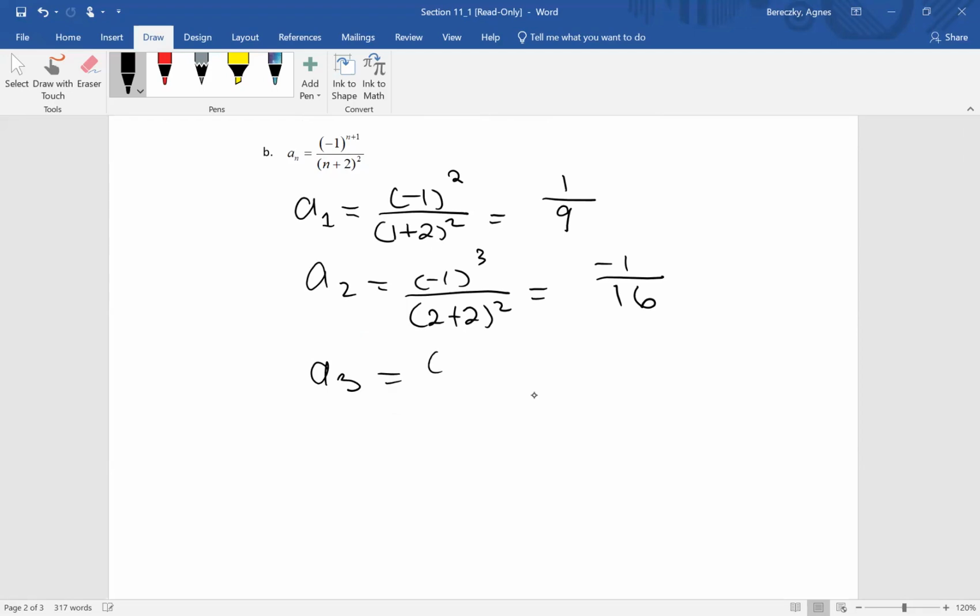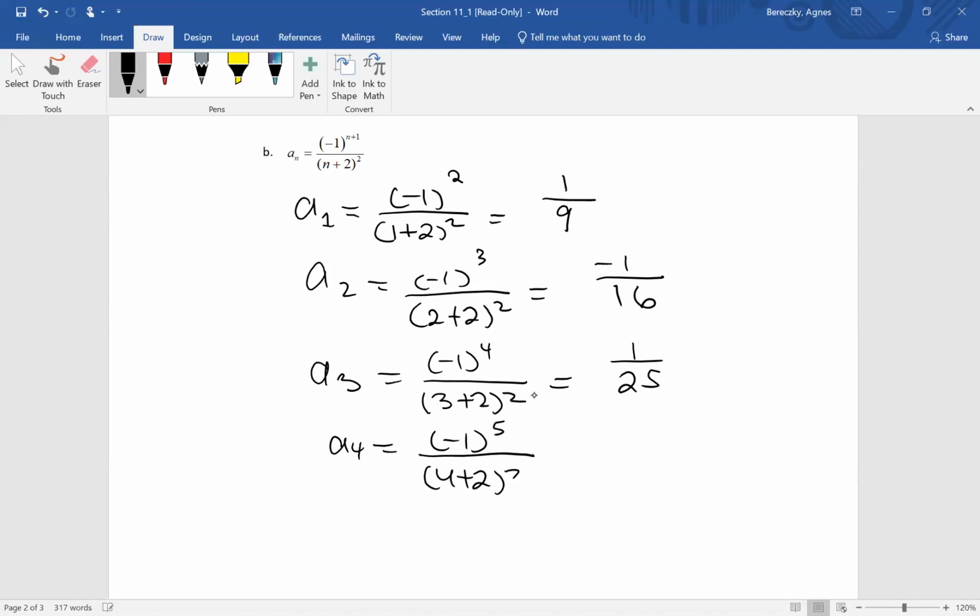A3 will be negative 1 to the 4th power over 3 plus 2 squared, which is 5 squared, 25. A4 is negative 1 to the 5th power over 4 plus 2 squared, negative 1 over 36.